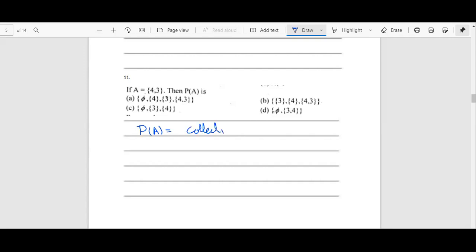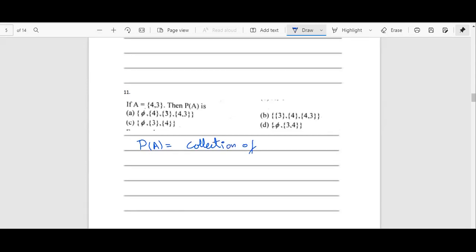collection of all proper and improper subsets of a set A, right?